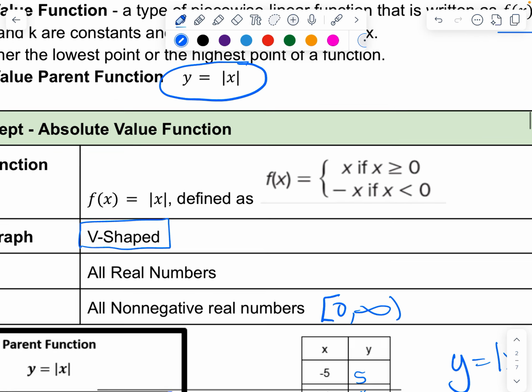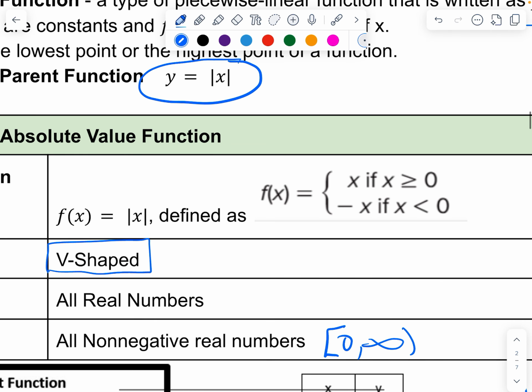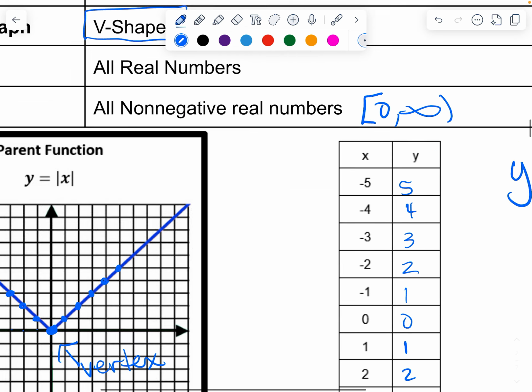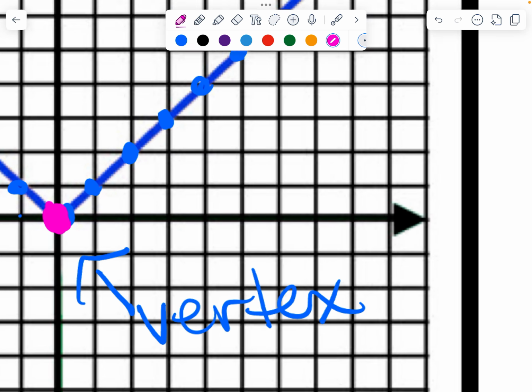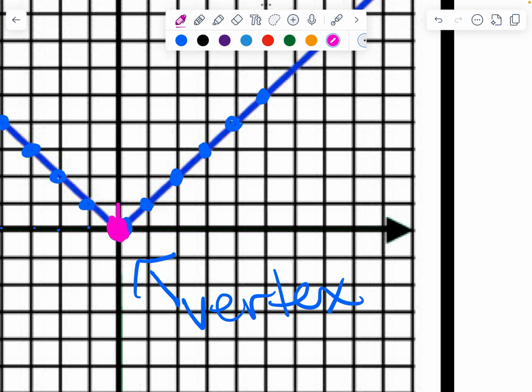Also, if I wanted to write it as a piecewise, when we start at 0 and include 0, that has a slope of 1 and a y-intercept of 0. Up 1, over 1. Up 1, over 1.